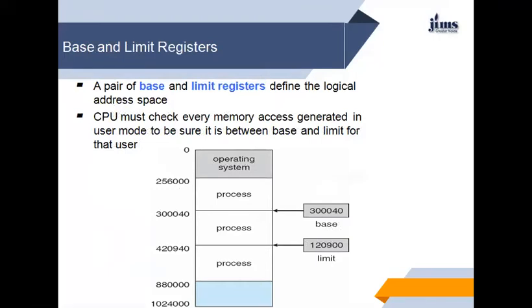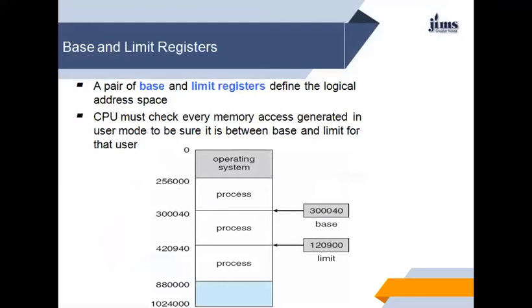The CPU must check every memory access generated in user mode to be sure it is between the base and limit for that user. Suppose, for example, the limit register is 120900. Then the CPU cannot generate an address greater than 120900.